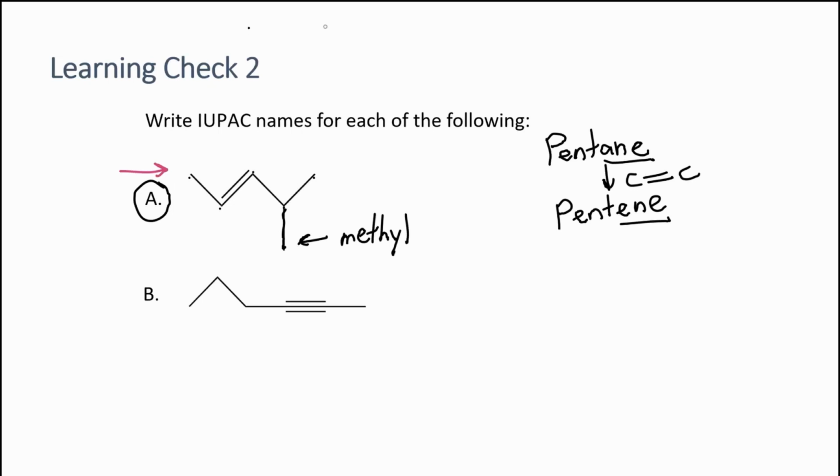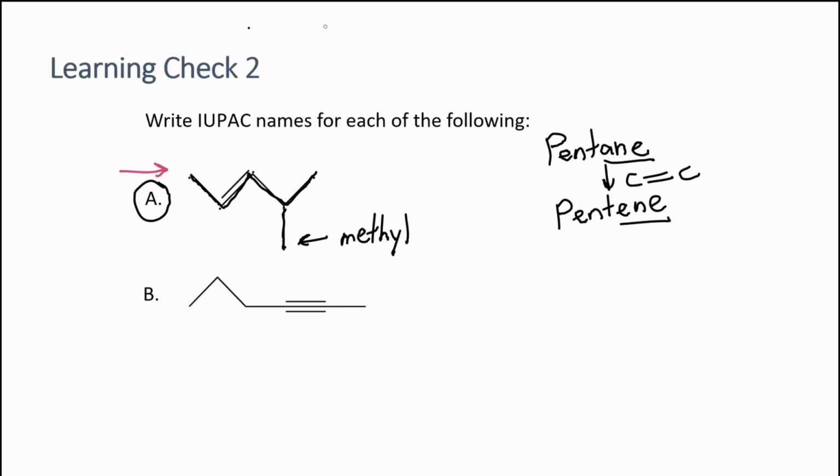Now, the next step is to determine the position of the double bond, or how to number, or from which side to start numbering. When you are numbering this 5 carbon containing carbon chain, you need to number in such a way that you give the lowest number possible for the double bond containing carbon atoms.